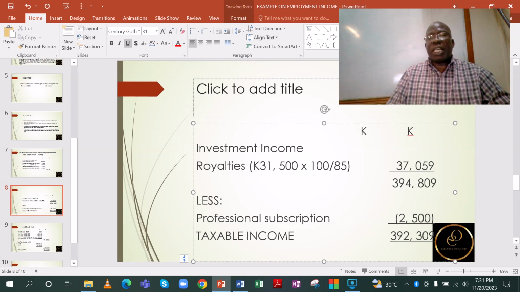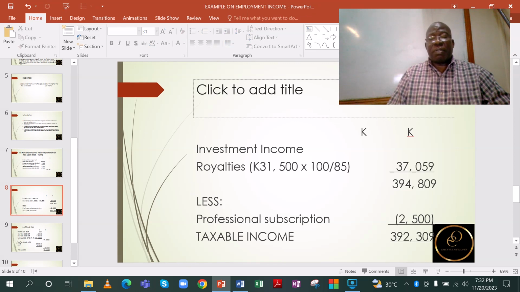That's how you treat that type of professional subscription when it is relevant to an employee's duties of employment. So you can see that this 394,809 has been reduced by 2,500 to leave taxable income of 392,309.